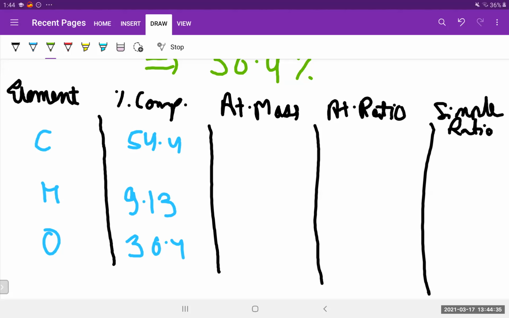Atomic mass we have been given in the question only. Atomic mass of carbon is 12.01, hydrogen is 1, and oxygen is 16. Let's treat carbon as 12 only.